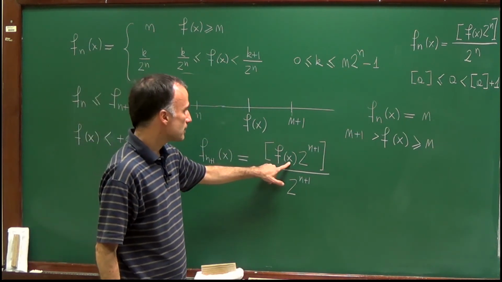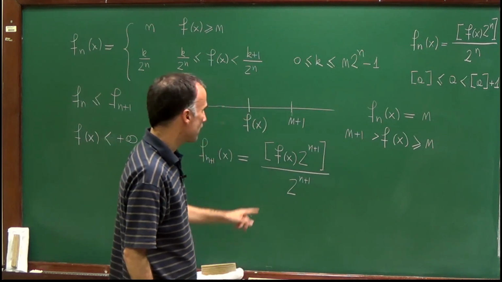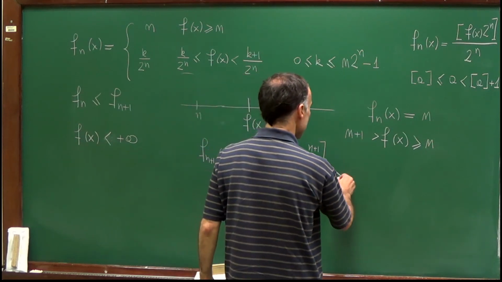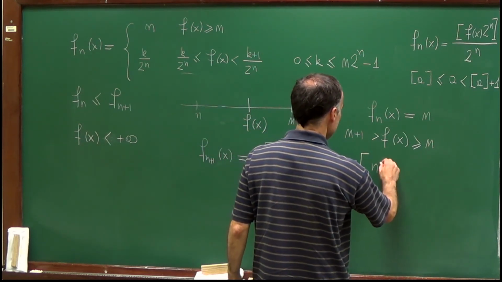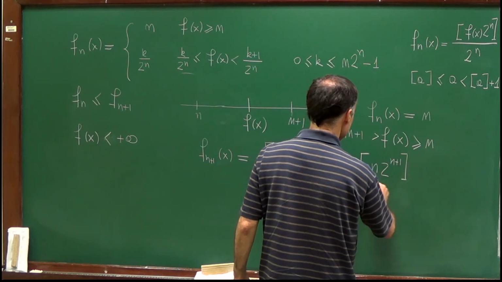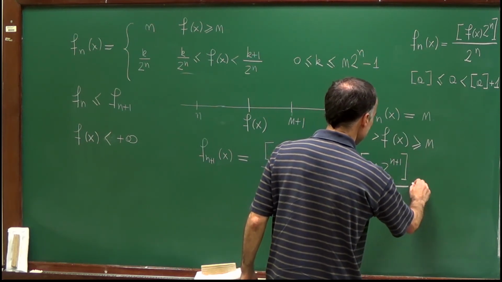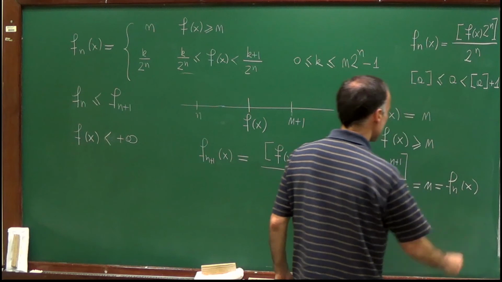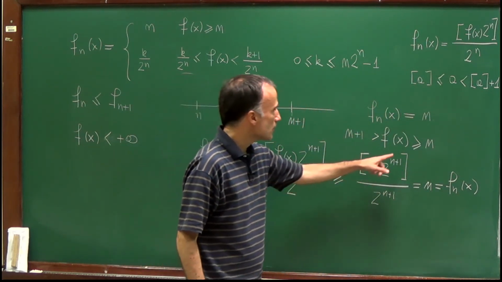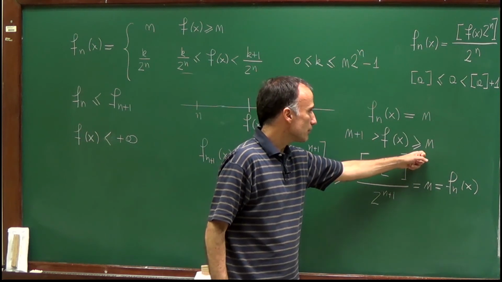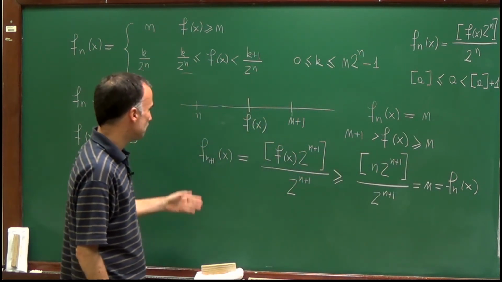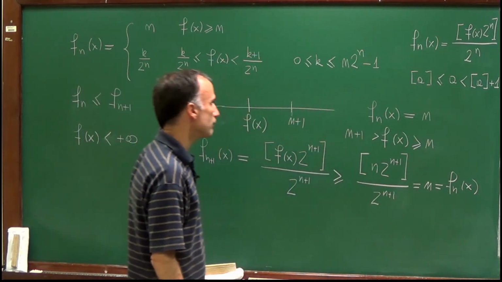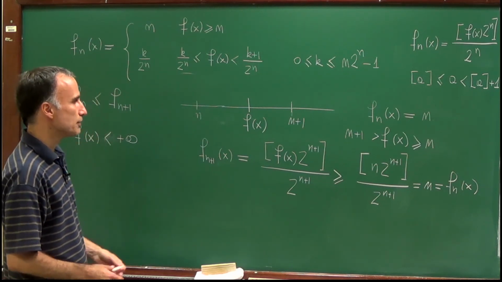But since f(x) is larger or equal than n, the integer value of f(x) times 2 to the power n plus 1 is greater or equal than the integer value of n times 2 to the power n plus 1, divided by 2 to the power n plus 1, and this is exactly n, which is fn of x. Okay. So in the case in which f(x) is greater or equal to n but smaller than n plus 1, we have that fn plus 1 of x is greater or equal than fn of x. So this is very simple.